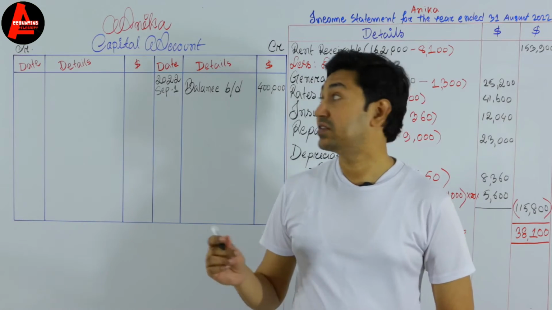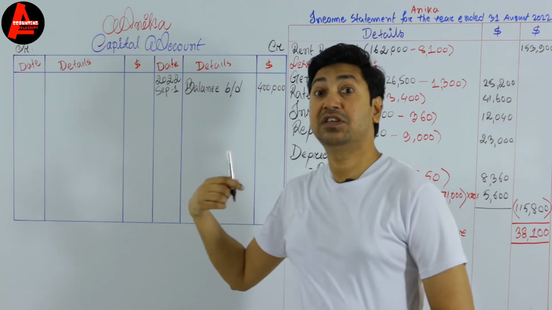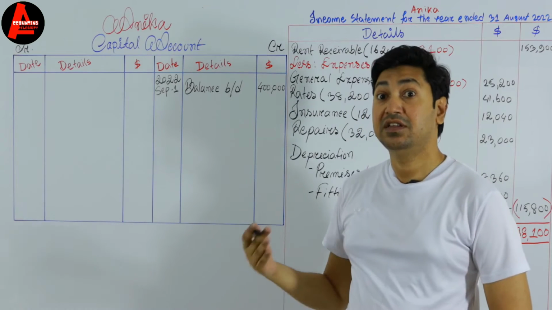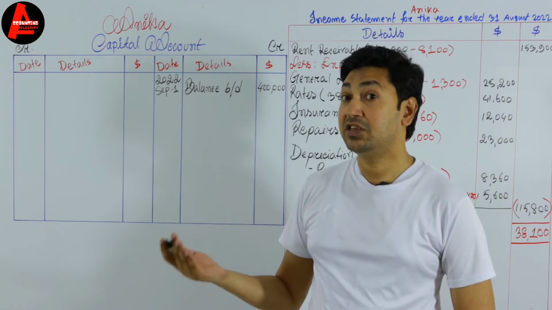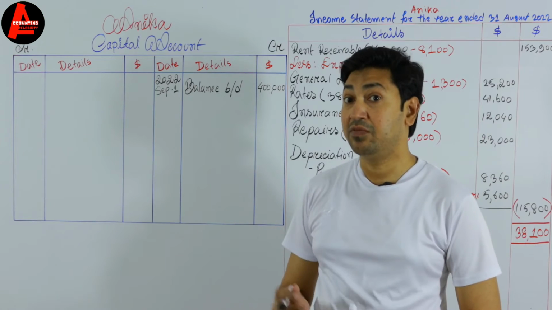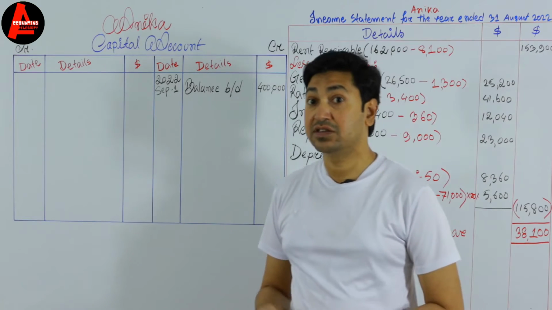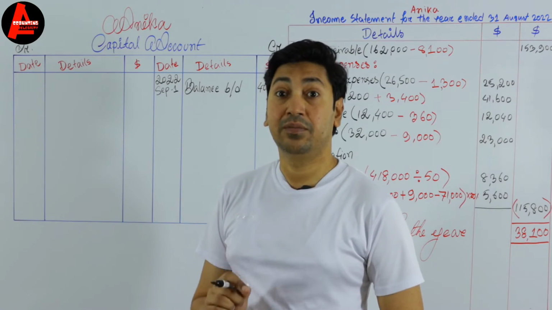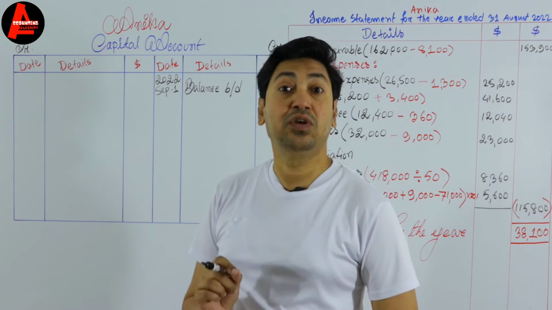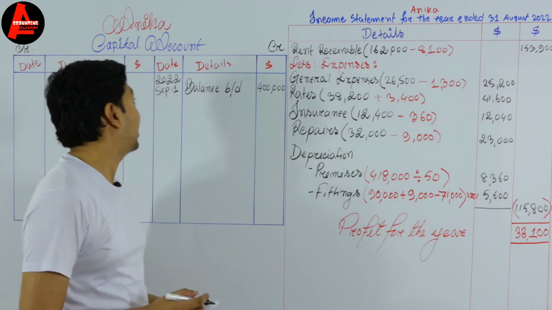Here the owner is Anika. Maybe she took cash from the business. That is the reason this amount of $18,500 is mentioned in the trial balance. Drawings have a normal debit balance, so we will write it on the debit side.